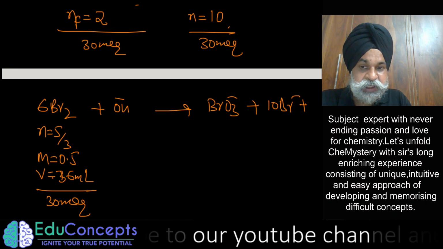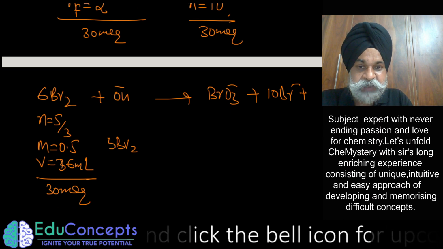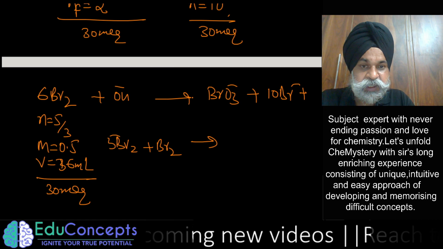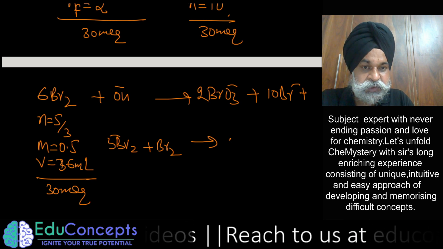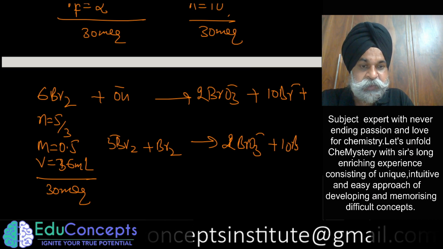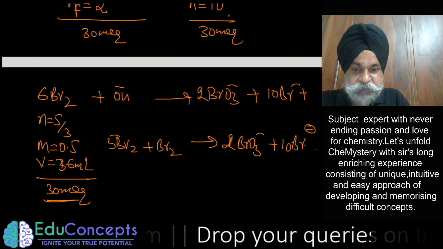So out of these 30 milliequivalents, if you want to break it like this, if you want to really see into the details, आप ऐसे भी इसको देख सकते थे, that how many equivalents are among these 30 milliequivalents.